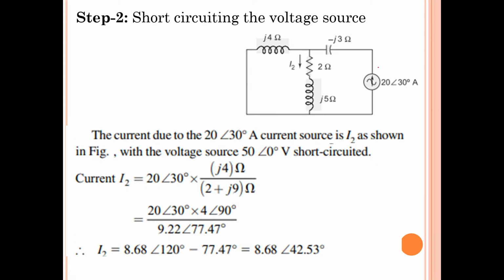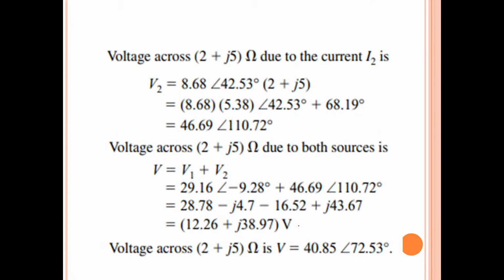Now we have determined the current, so we can determine the voltage across this impedance. Voltage is I2 into impedance value. V2 is equal to what? The voltage across 2 plus j5. The I2 value is 8.68 at an angle of 42.53 into the impedance 2 plus j5.